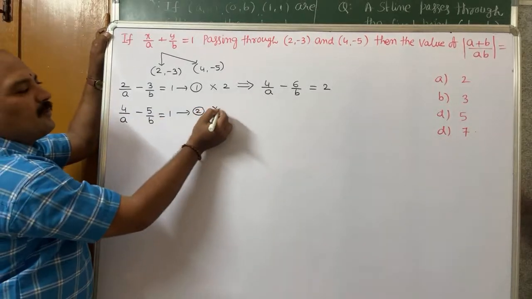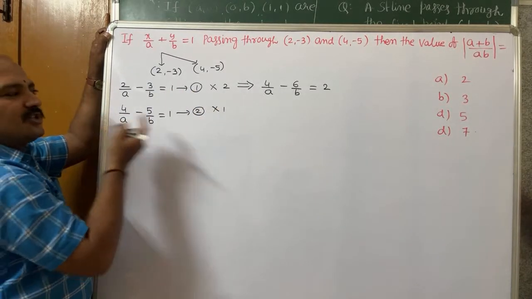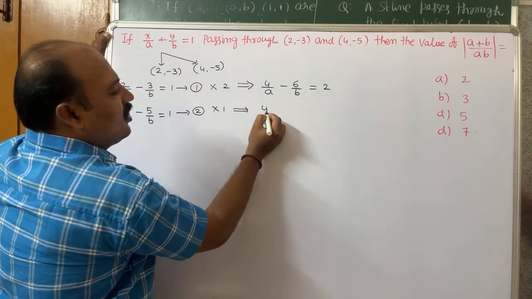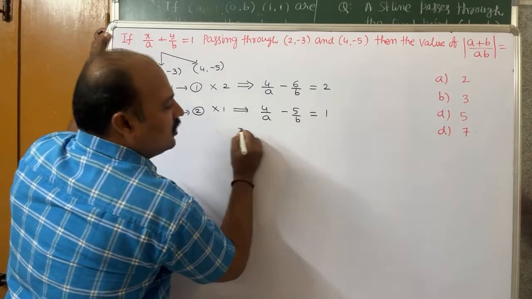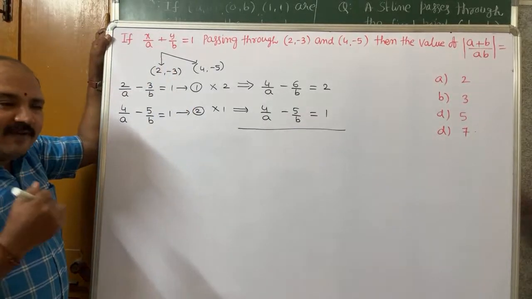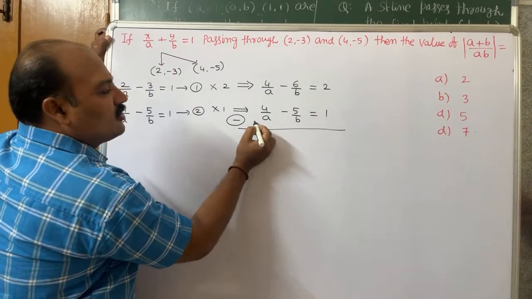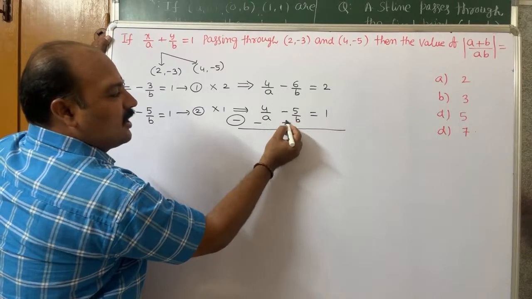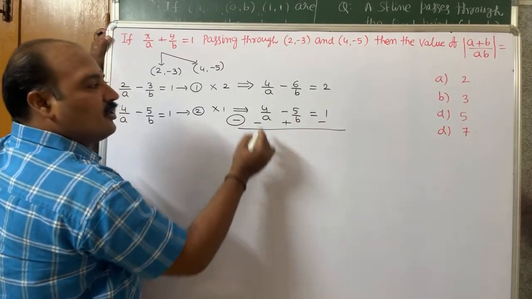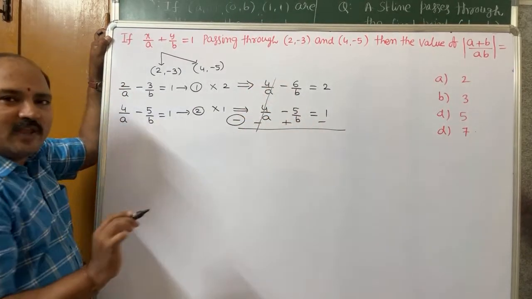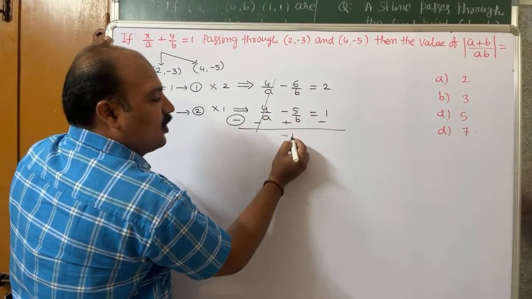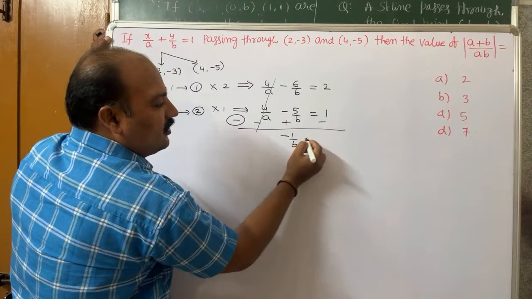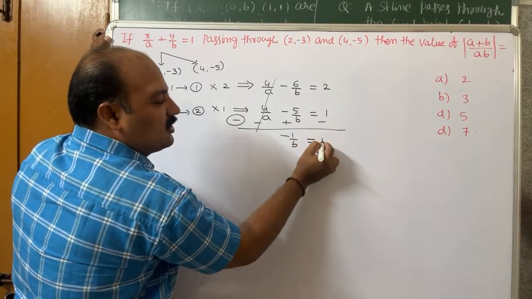The other equation multiplied by 1 remains the same: 4 by a minus 5 by b is equal to 1. Now to eliminate a we can subtract. So 4 by a minus 4 by a gets cancelled. Minus 6 by b plus 5 by b is minus 1 by b, that is equal to 2 minus 1, which is 1.